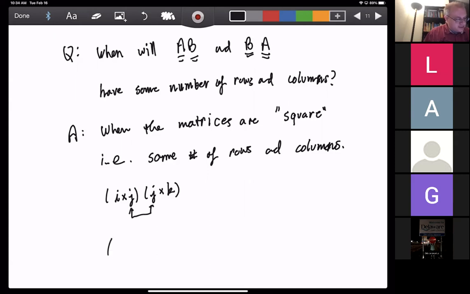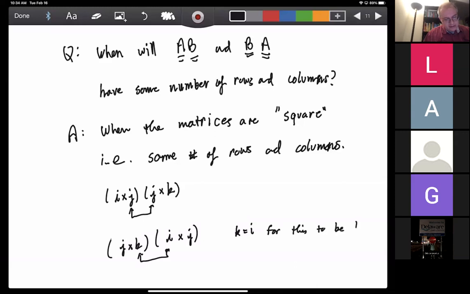And if we reverse the order, a j by k matrix times a matrix with dimensions i by j, well, k has got to be i for this to even be defined. And the result is j by j.